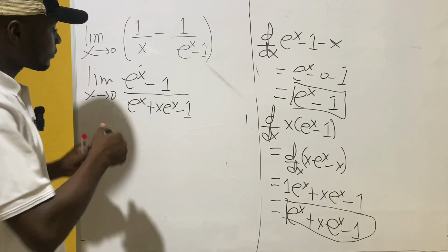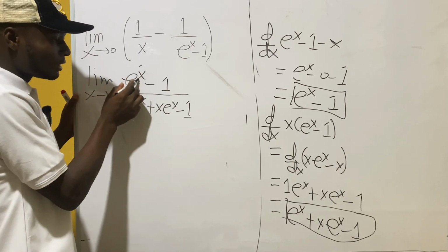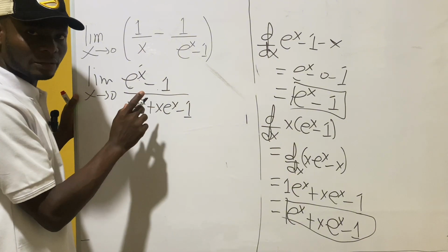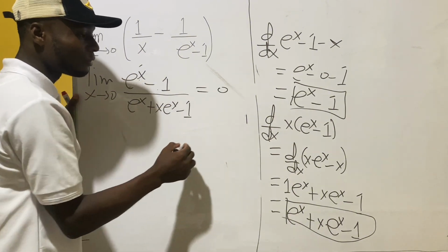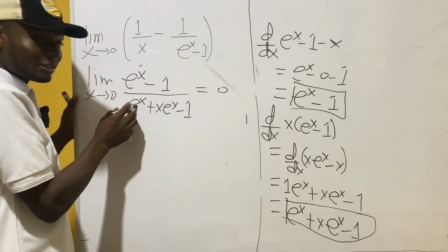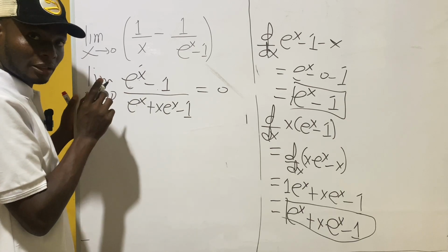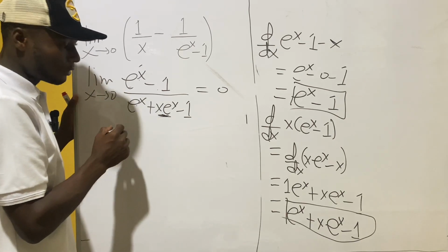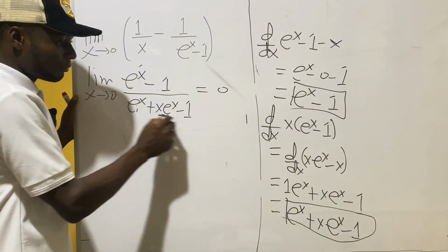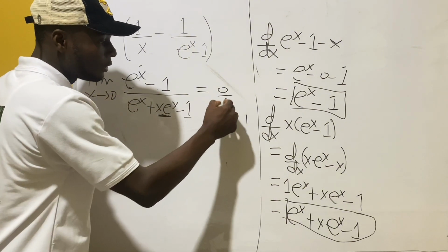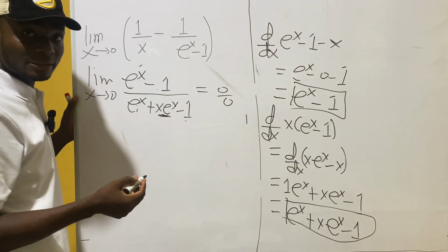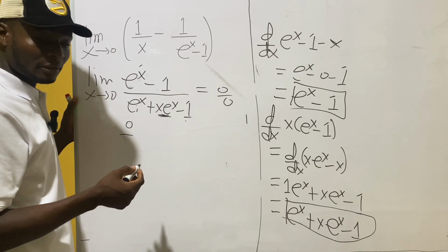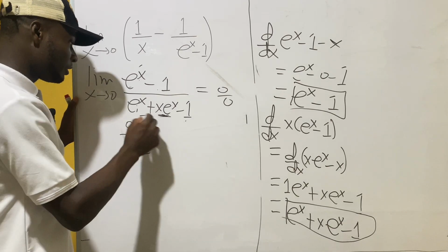Let's try. When we put 0 here, we have 1 minus 1, which is 0, so we still have 0 at the numerator. When you put 0 here, we have 1, plus, everything here becomes 0, so we have 1 minus 1, which is 0. We are still getting indeterminate, so we can still go ahead and differentiate again.